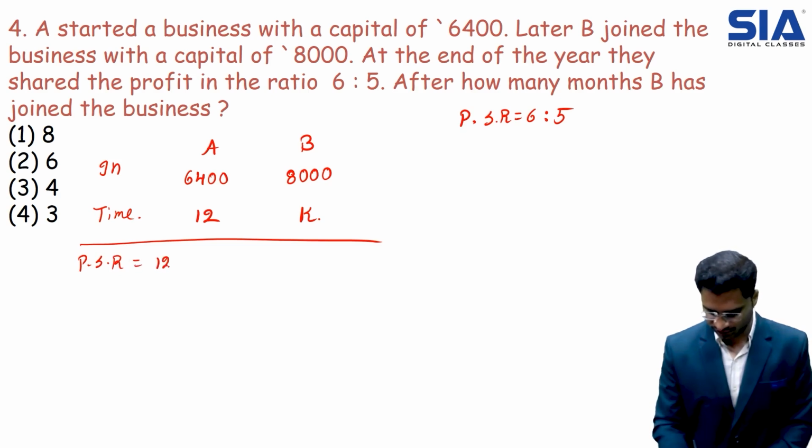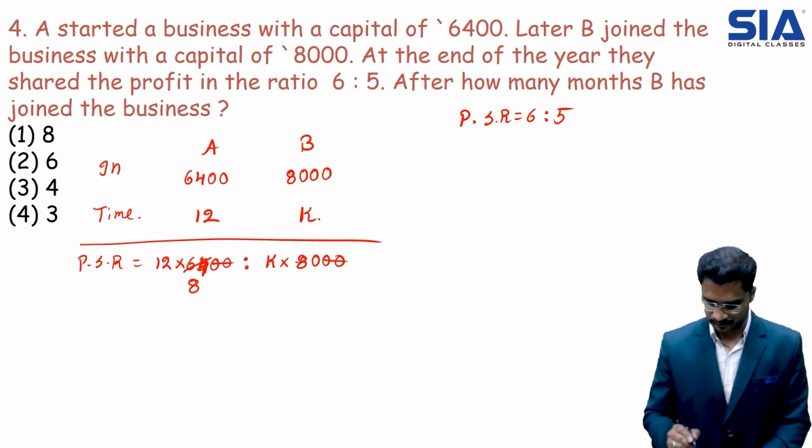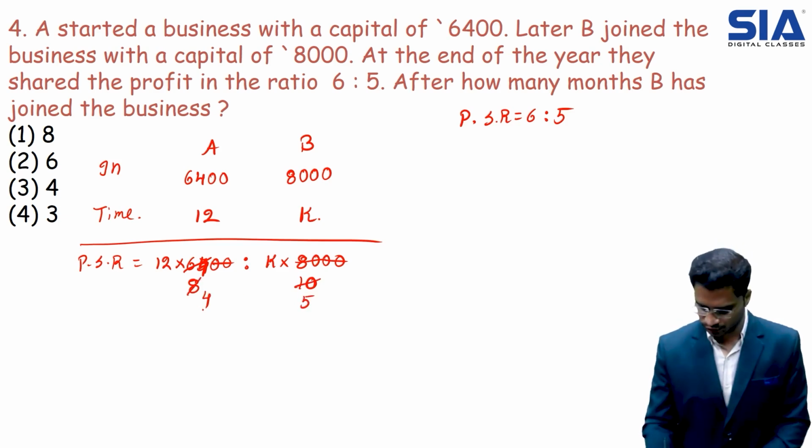So profit sharing ratio is equal to 12 into 6400 ratio k into 8000. So 2 zeros get cancelled. Then we can cancel: 8 8s are 64, 8 10s are 80, and also 2 5s are 10, 2 4s are 8.